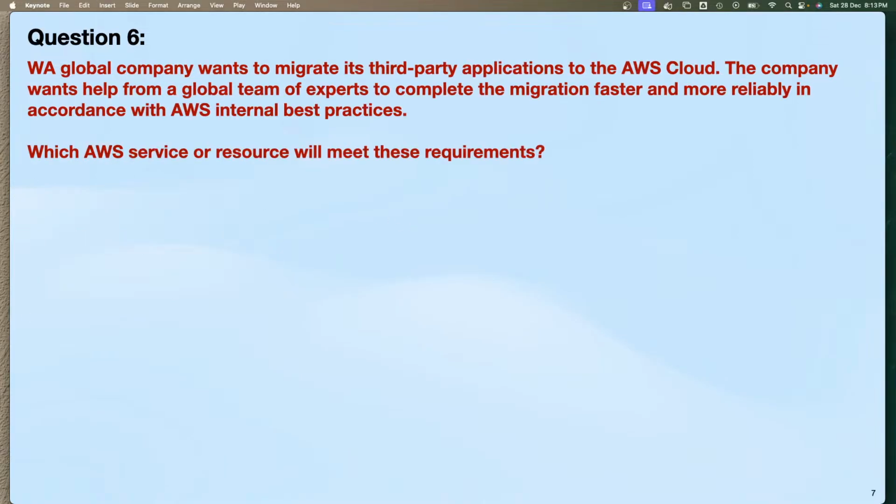So let's go to question number 6. A global company wants to migrate its third-party appliances to the AWS cloud. The company wants help from a global team of experts to complete the migration more reliably, in accordance with the AWS internal best practices. Which AWS service or resource will meet the requirements?